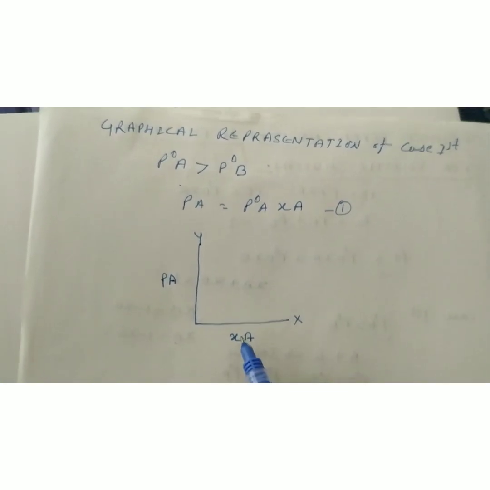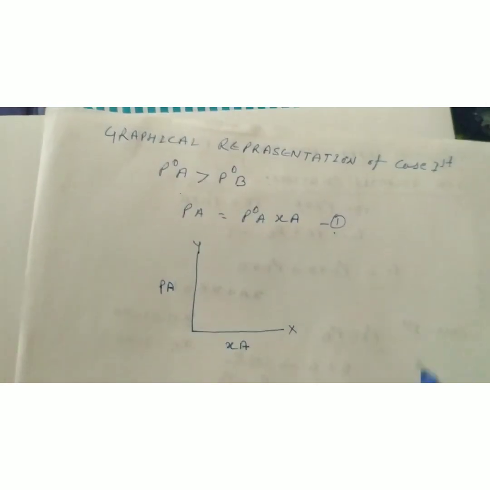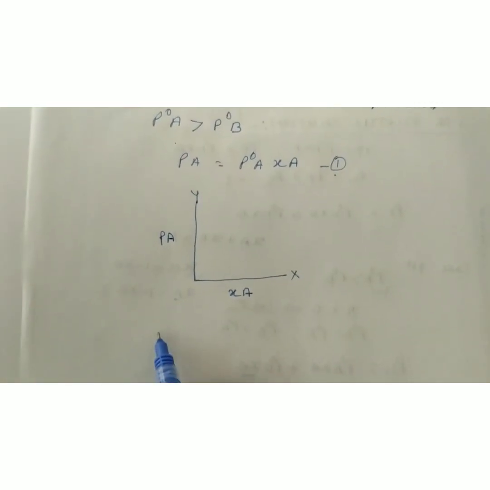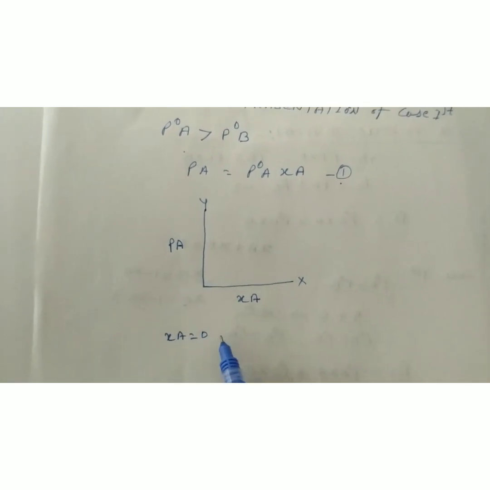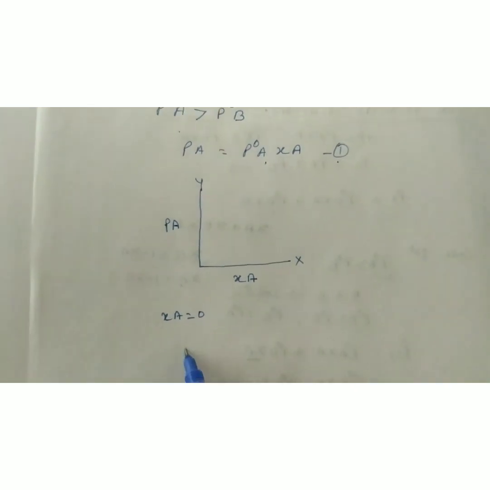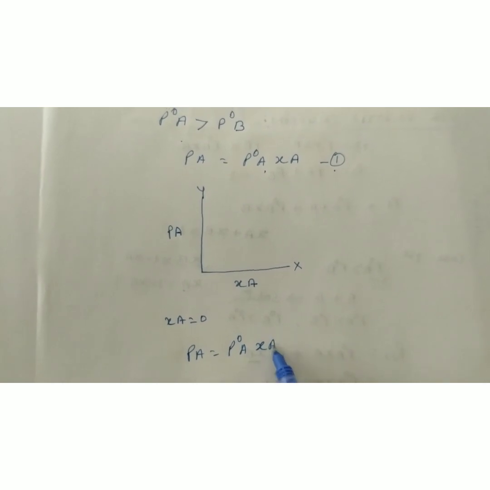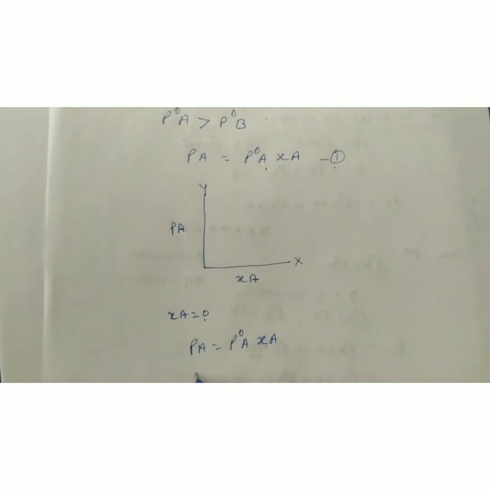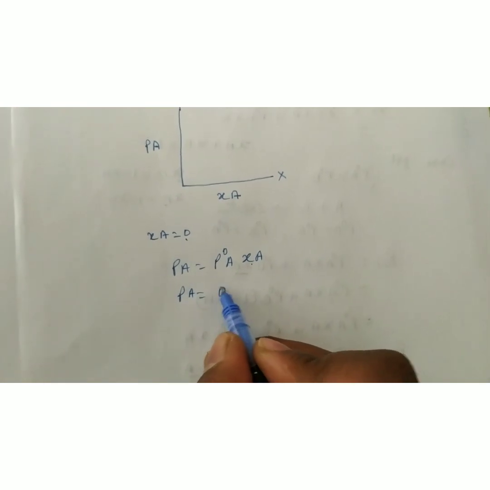So dear students, for equation 1 we again have two cases. First case, when XA equals 0. When XA equals 0, equation first becomes PA equals P naught A XA, and since XA is 0, PA becomes 0.